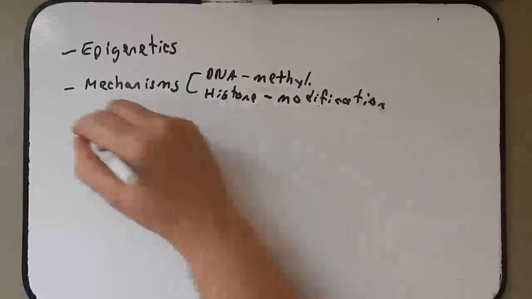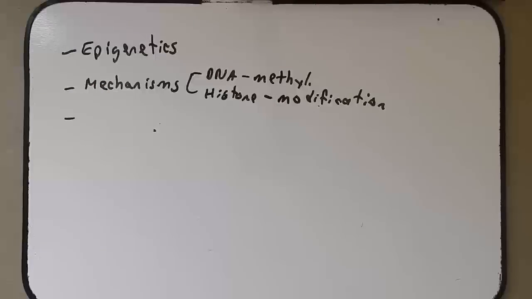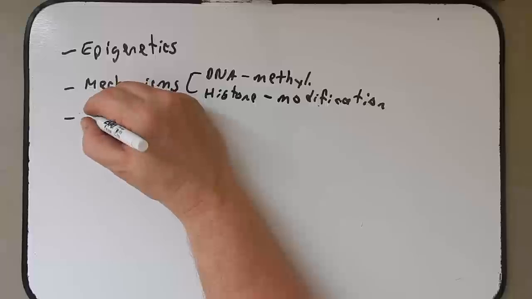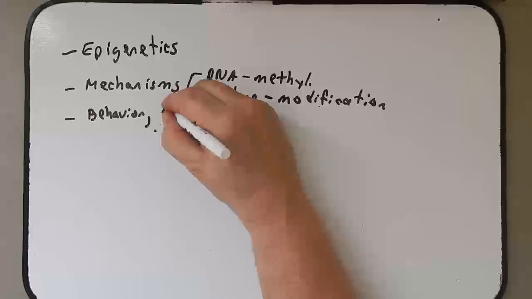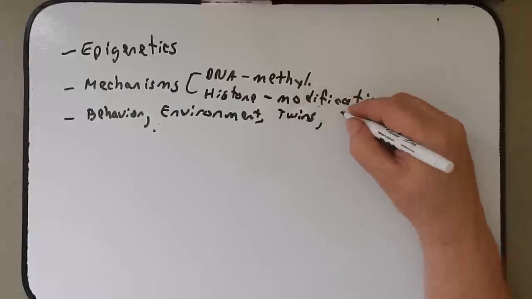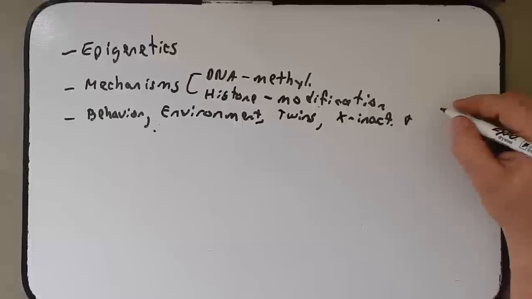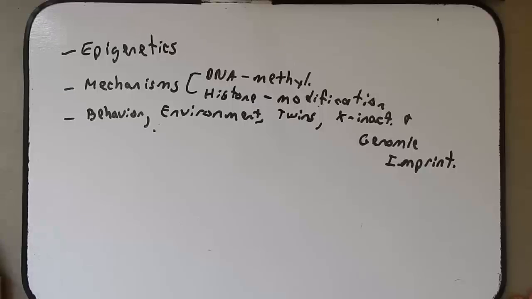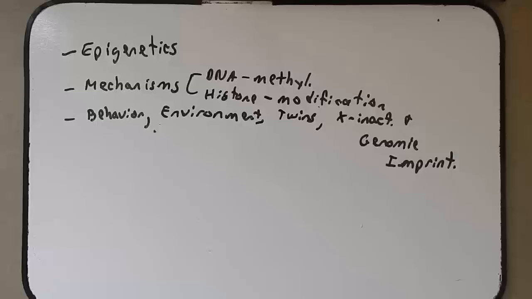And then we spent the rest of the time talking about different ways that causes this change in mechanisms. We talked about behavior, environment, twins, X inactivation, and finally we talked about genomic imprinting. Okay, that ends this podcast on epigenetics and ends all of our podcasts on bacteria and eukaryotic gene regulation.